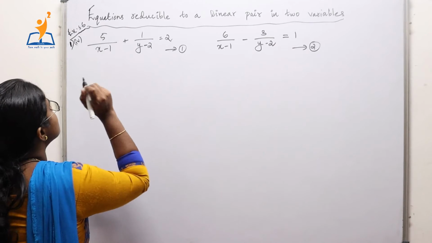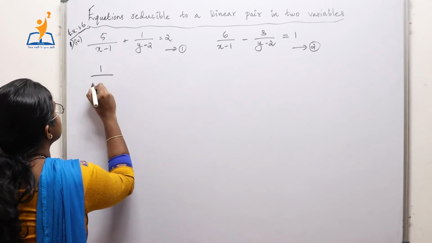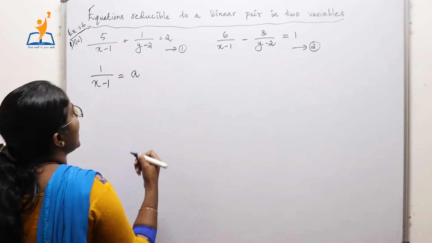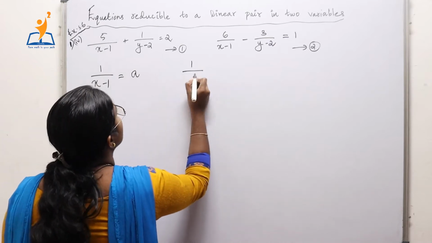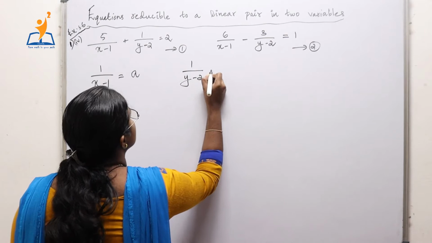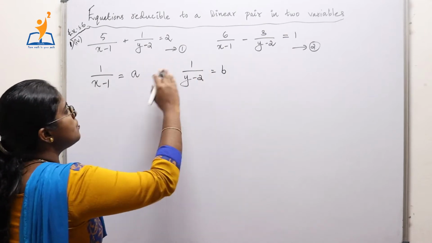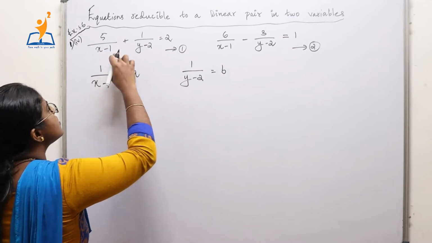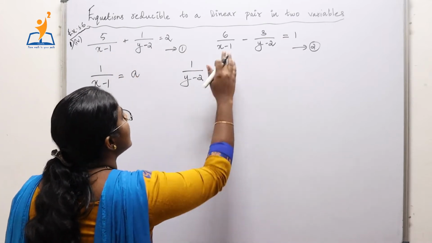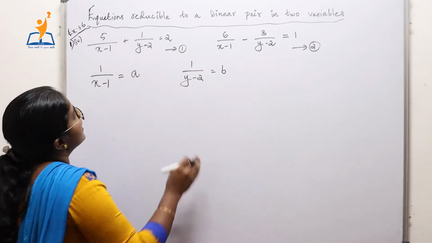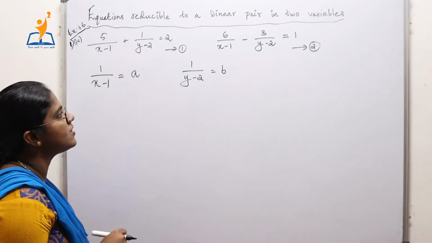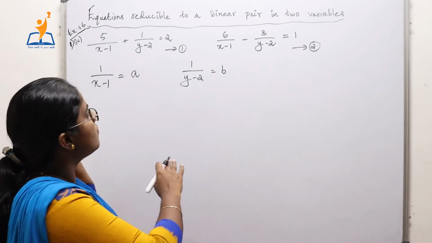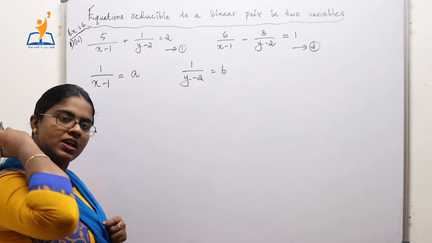So in this question, I am giving to substitute 1 by x minus 1 equals a and 1 by y minus 2 equals b. If we look into both of these equations, we can find that here also there is 1 by x minus 1, here also there is 1 by x minus 1, here also there is 1 by y minus 2 and here also there is 1 by y minus 2. So we have given the substitutions for them.